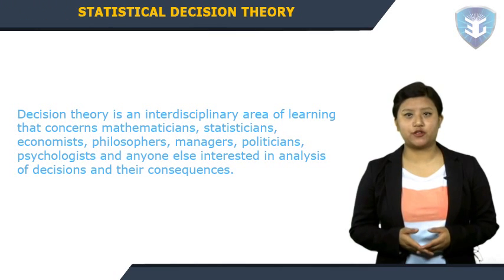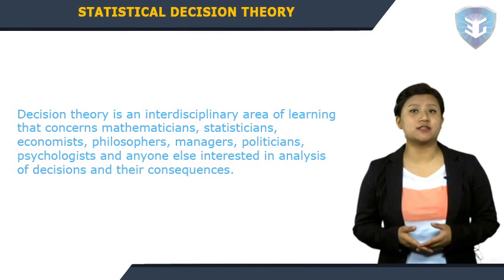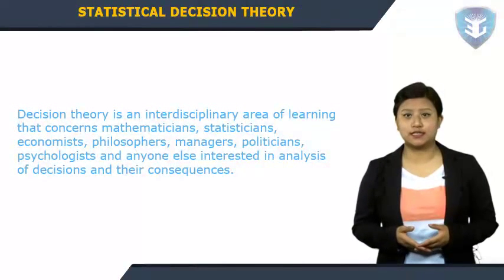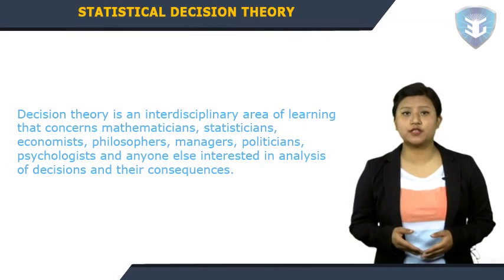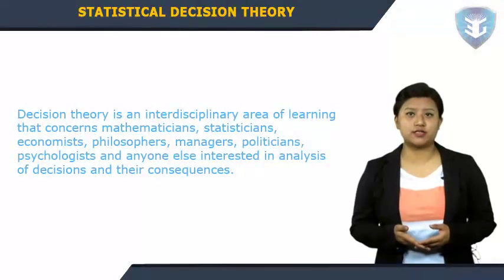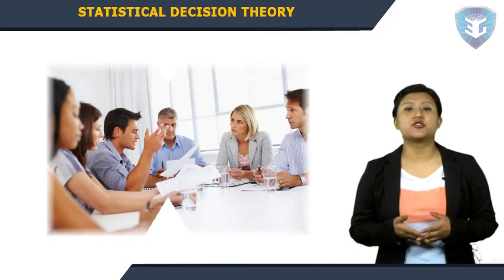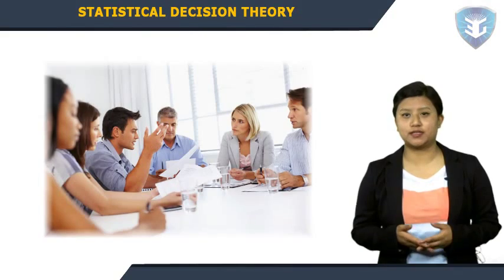Let's start with a brief introduction to statistical decision theory. Decision theory is an interdisciplinary area of learning that concerns mathematicians, statisticians, economists, philosophers, managers, politicians, psychologists, and anyone else interested in the analysis of decisions and their consequences. Decision theory, as the name would imply, is concerned with the process of making decisions.